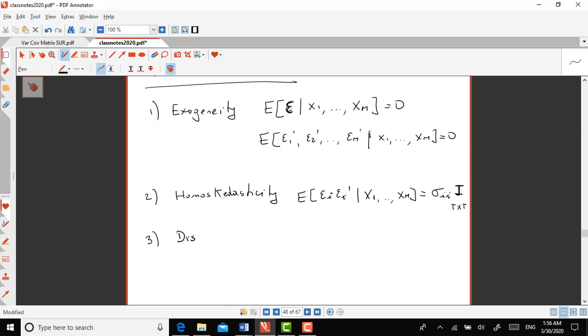The main assumption is that the errors are uncorrelated across observations but correlated across equations. That is the key SUR assumption.